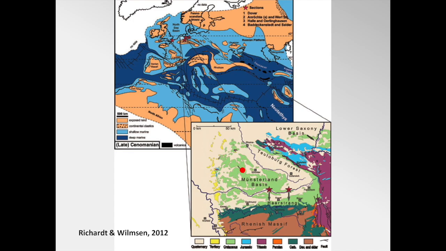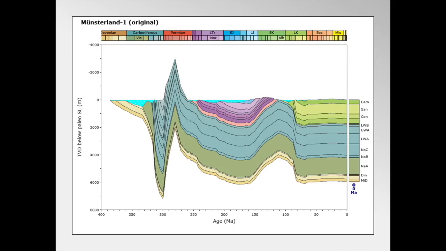the nearby basins. The Münsterland 1 well was in fact the first well for which a burial history curve was ever published, by Nikolai Lopatin in his landmark 1971 paper that introduced his TTI method, the precursor to modern basin modeling.